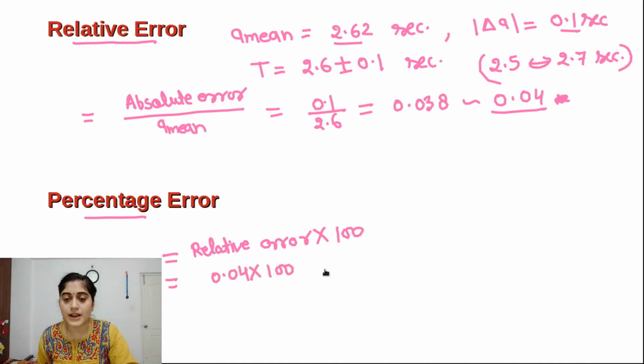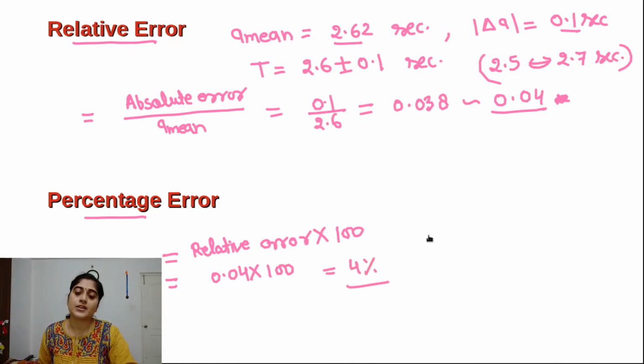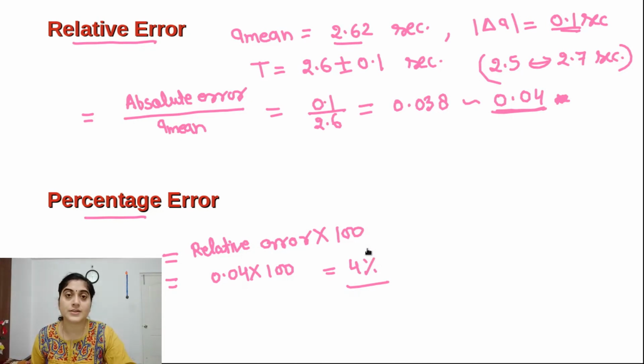You multiply it by 100, so this equals 4%. So this is your percentage error, this is your relative error, and this is your absolute error. Okay. So 4% in some cases we can neglect, but in very critical cases it cannot be neglected.